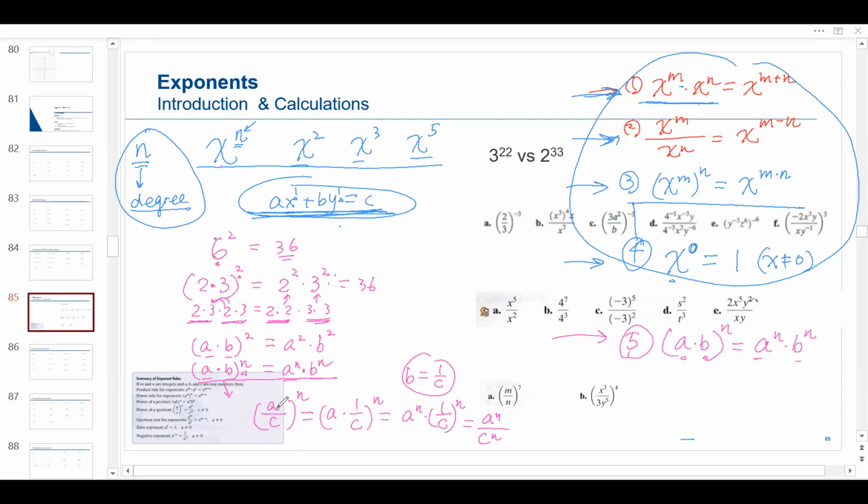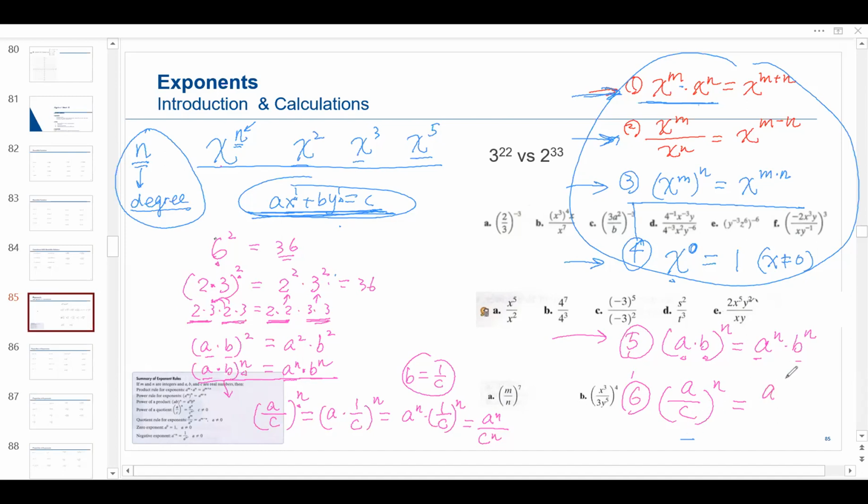So you can see this is actually just like a base inside the base. If the base is a fraction, the numerator and denominator will both be raised to the power n. Each of the numerator and denominator needs the power by itself. So we extended it here a little bit. A divided by C, if the base is made of a fraction, this is the numerator, this is the denominator, right?